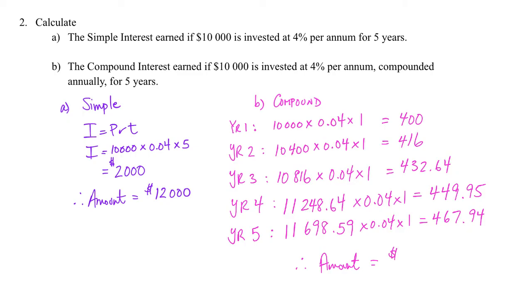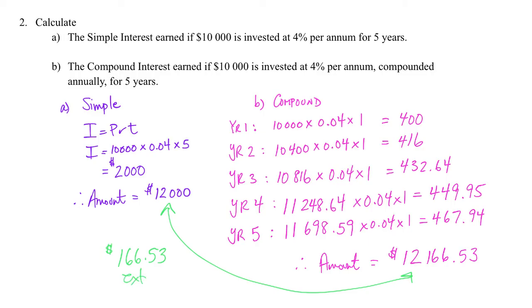If we are looking to compare those two amounts, then I need to take my $11,698.59, add on my final year's interest, and we are going to come in at $12,166.53. You will notice that if we compare those two amounts, I am earning an extra $166.53 by having my interest be compounded.